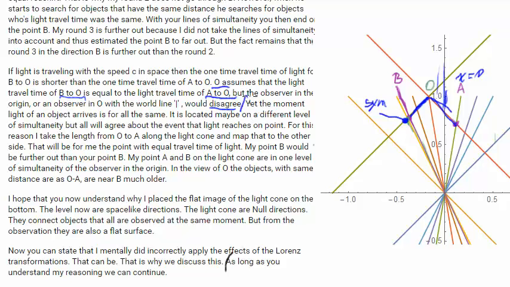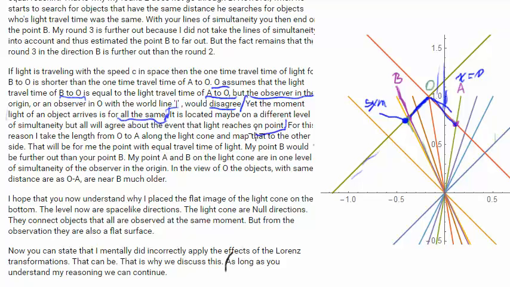"And yet the moment light of an object arrives is for all the same." Yes, all of the light on that light cone arrives at point O at the same time, and everybody agrees on that point. It is located maybe on a different level of simultaneity, but all will agree about the event that light reaches on point.